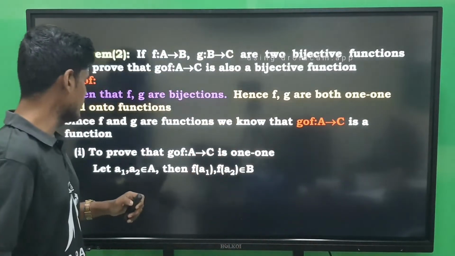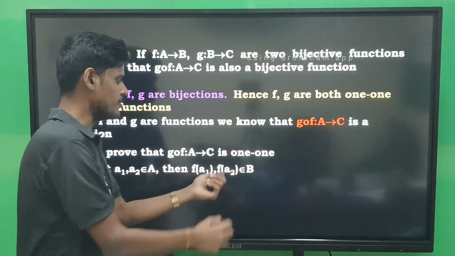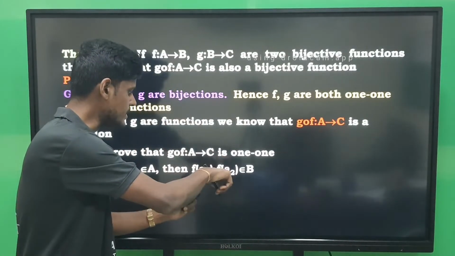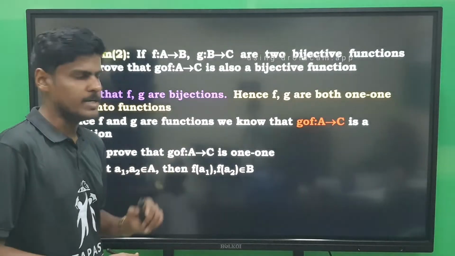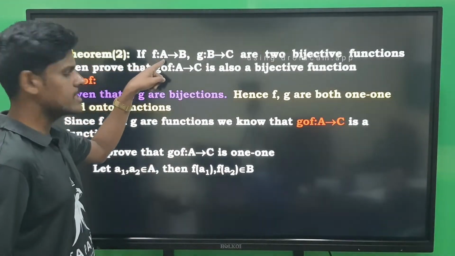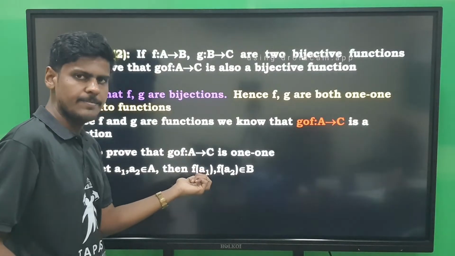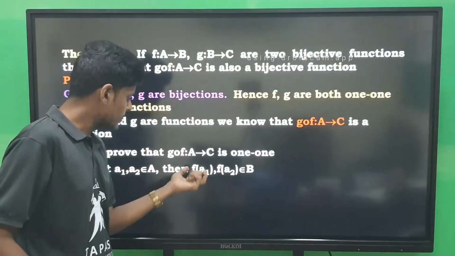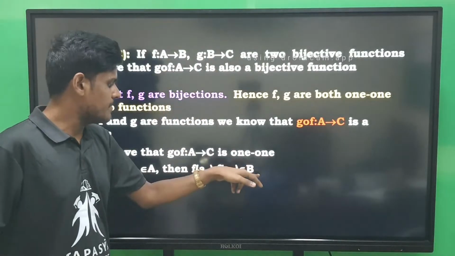So here what we will do is take any two values f of a1 and f of a2. What will be these elements? They will belong to set B. Why is that? Because f is mapped from A to B. Therefore f of a1 will be an element in set B, that is the output of f, and f of a2 is similar. It is also an element in set B.